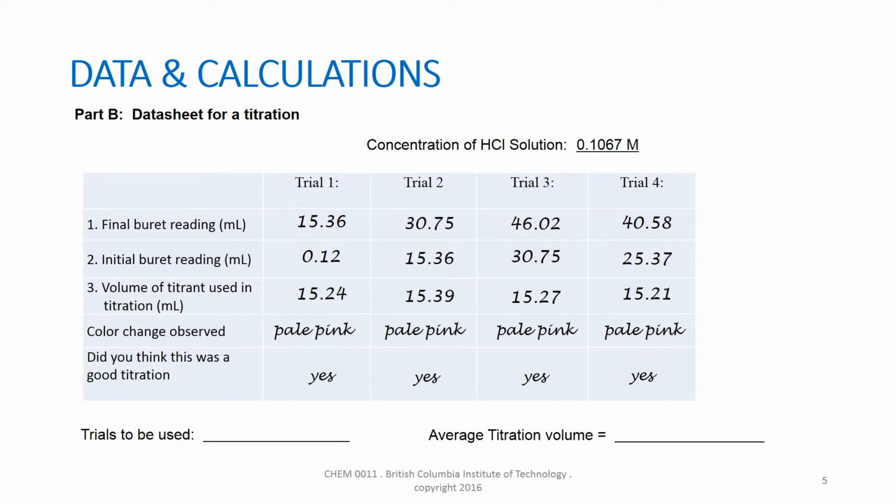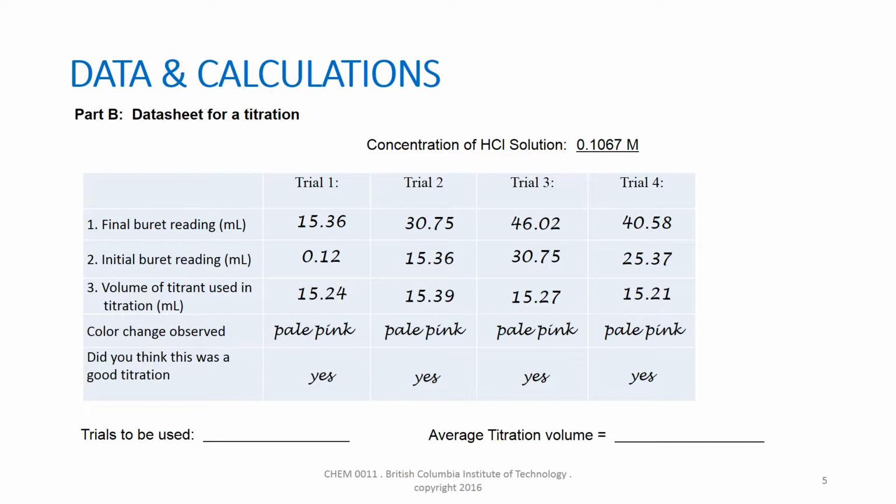This is an example of what the raw data may look like. The results of the 4 titrations are 15.24 milliliters, 15.39 milliliters, 15.27 milliliters, and 15.21 milliliters of NaOH used, and all the titrations give a nice pale pink titration endpoint. Trials 1, 3, and 4 are all within 0.10 milliliters of each other, but trial 2 is outside this range.